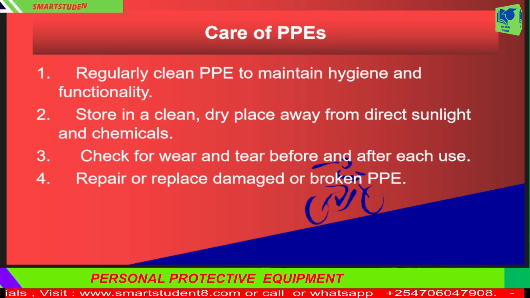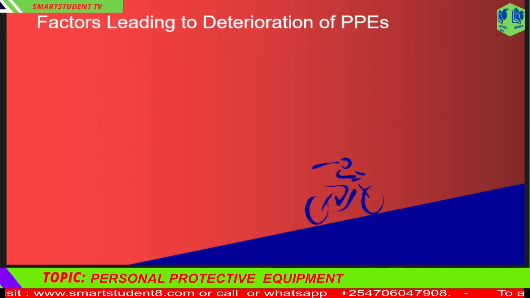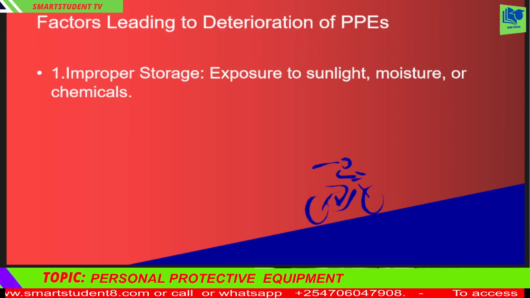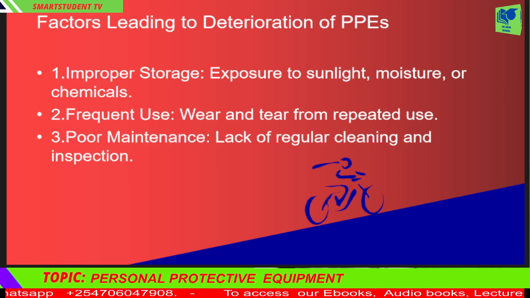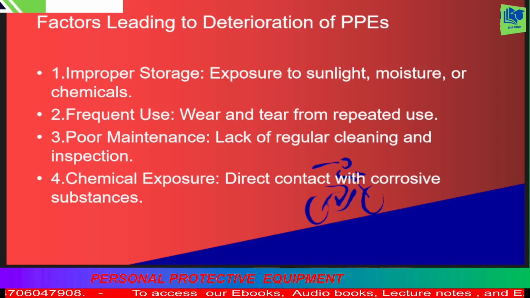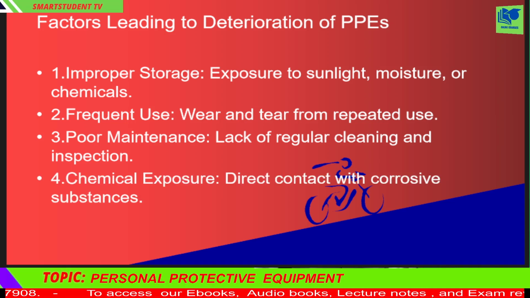Causes leading to deterioration of PPEs. 1. Improper storage, exposure to sunlight, moisture, or chemicals. 2. Frequent use, wear and tear from repeated use. 3. Poor maintenance, lack of regular cleaning and inspection. 4. Chemical exposure, direct contact with corrosive substances.